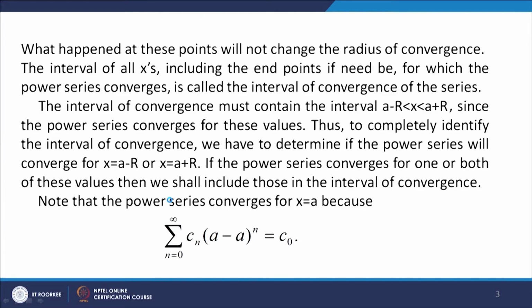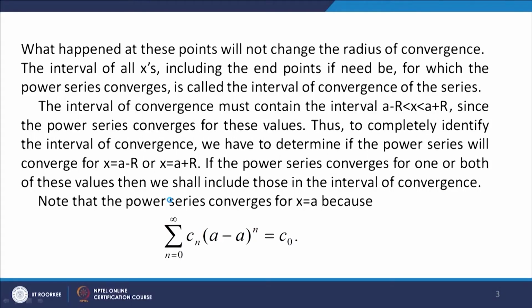So, if the power series converges for one or both of these values, then we shall include them in the interval of convergence. Now, we can see one thing: the power series always converges at its center, that is x equal to a, because if you put x equal to a in the series expression sigma n equal to 0 to infinity Cn (x minus a) to the power n, you see that except the term C naught, all other terms vanish.